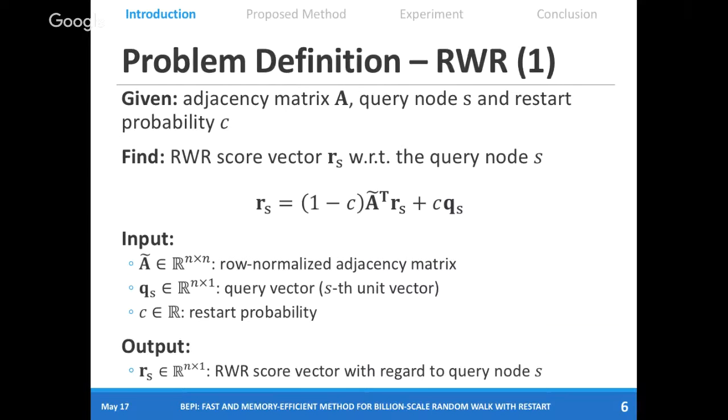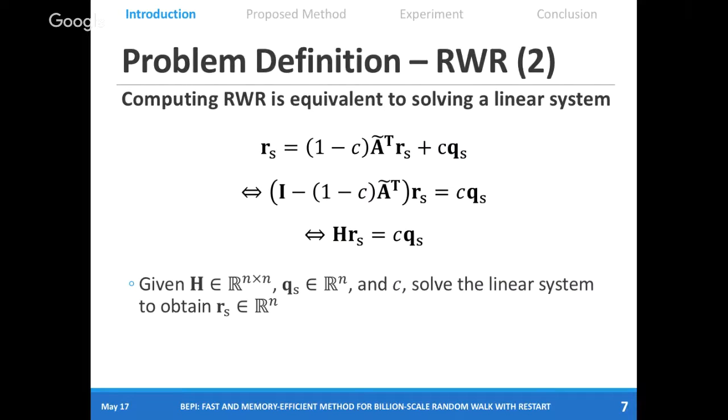Computing RWR is equivalent to solving a linear system. If we move this term into the left-hand side and group by r_S, it is represented as follows. If we define this term as H_S, this equation represents a linear system on H_S. So given H_S, q_S, and the restart probability c, we can obtain the solution r_S by solving the linear system on H.